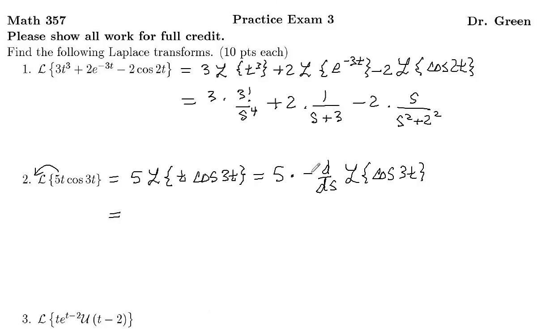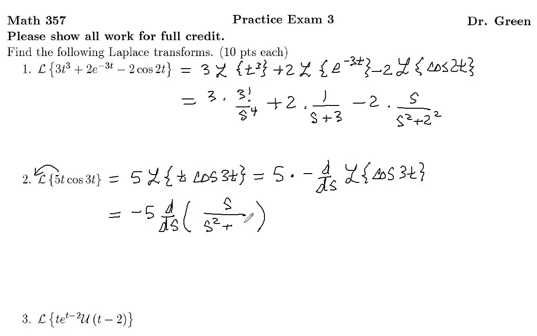Let's put this negative sign with the 5. So negative 5 times the derivative with respect to s of s over s squared plus 3 squared, because k equals 3. That 3 squared is 9, so let's go ahead and change that to a 9.